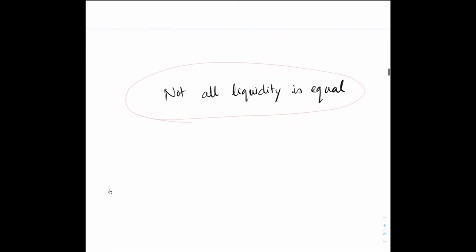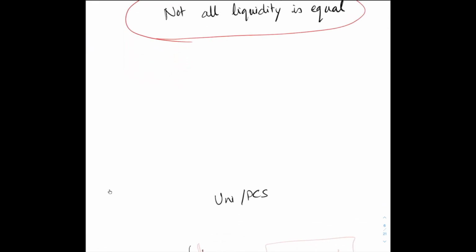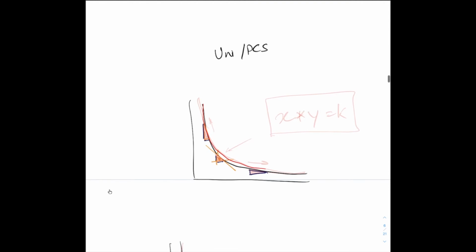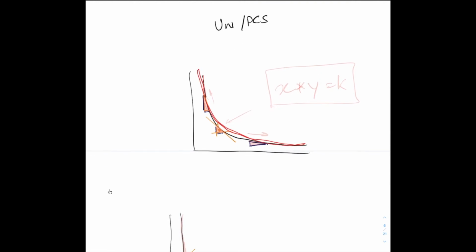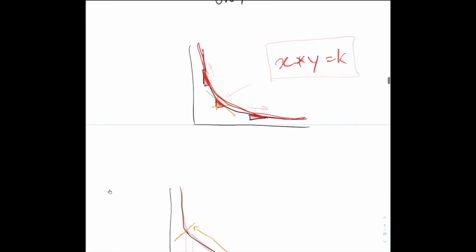But what we should remember is not all liquidity is equal. On Uniswap and PCS or PancakeSwap, their selling curve is basically a parabola. It is essentially x into y equal to k, and the price is essentially a tangent to this curve.